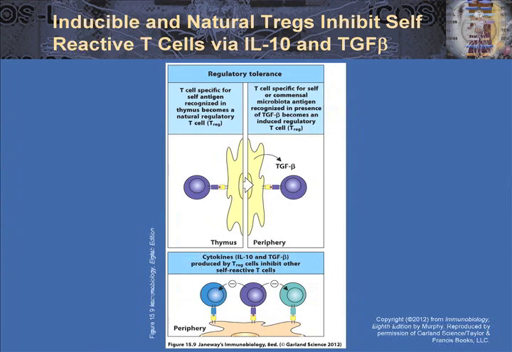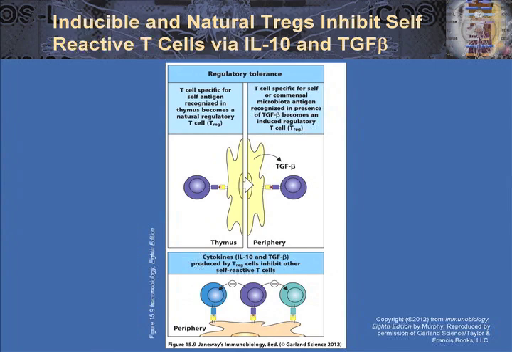However, inducible T cells develop in the periphery. T cells specific for innocuous antigens, such as antigens presented by commensal microbiota in the gut or on the skin, or dietary antigens that aren't meant to elicit an immune response, such as will be encountered in the gut all of the time, are recognized in the presence of TGF-beta in non-inflammatory circumstances.